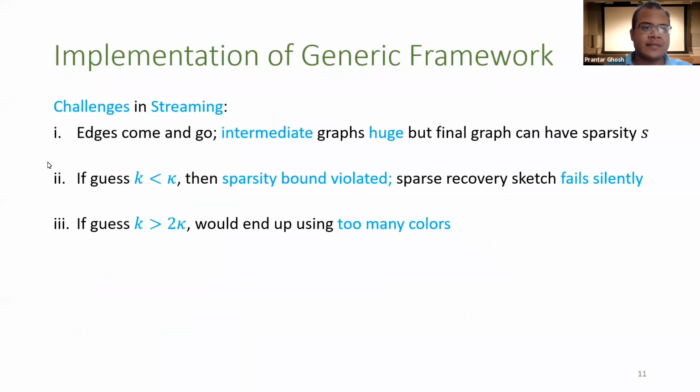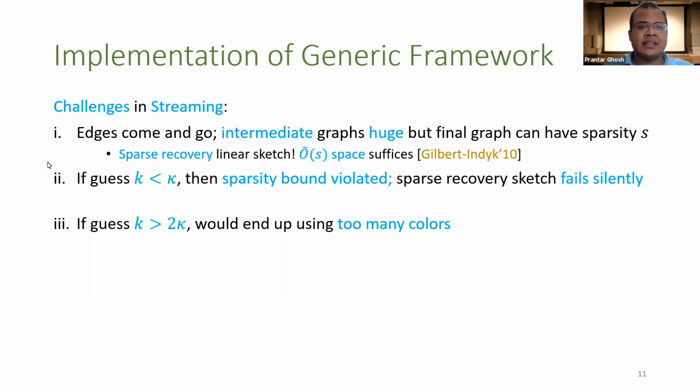For the implementations, let's first consider the streaming model. There lie several challenges here. Since we can have both edge insertions and deletions, the intermediate graphs can become huge, but the final graph might end up respecting the sparsity parameter S. To fix this, we have a sparse recovery linear sketch given by Gilbert and Indyk, which helps us to recover these monochromatic edges in O tilde S space as long as the final graph is S sparse.